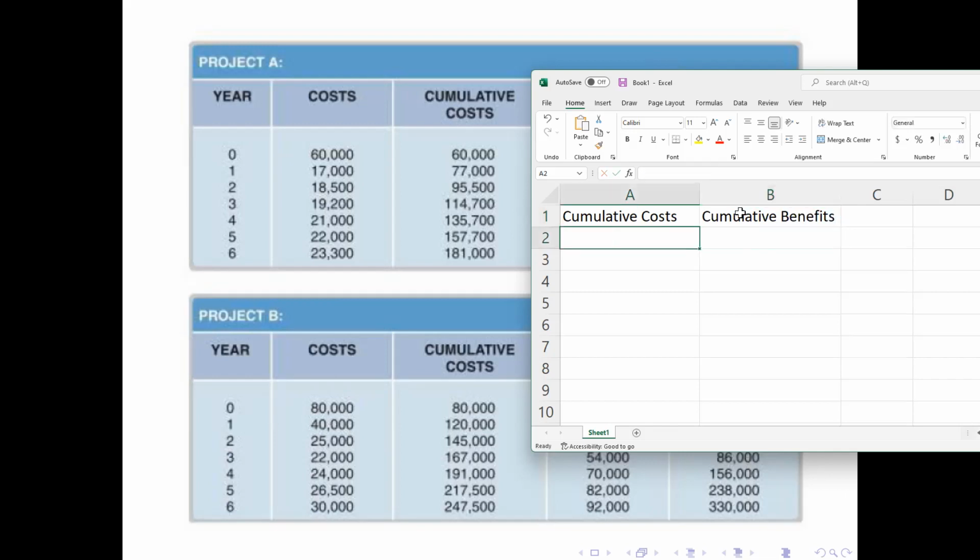What you see here is 60,000, 77,000, 95,500, 114,700, then 135,700, 157,700, and then 181,000.